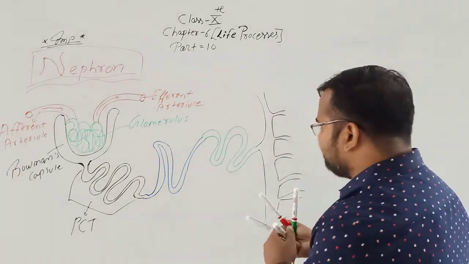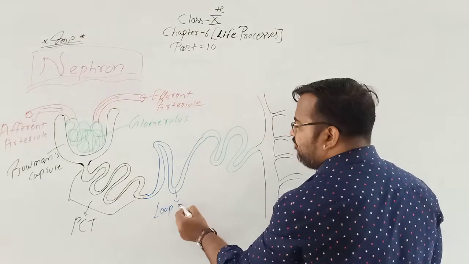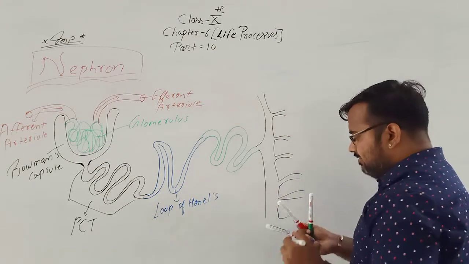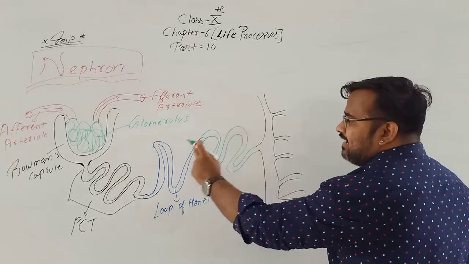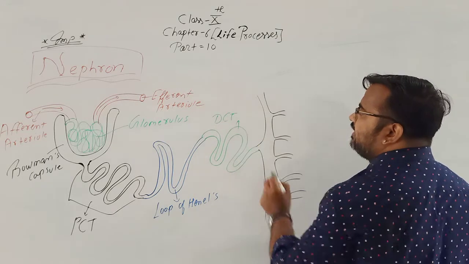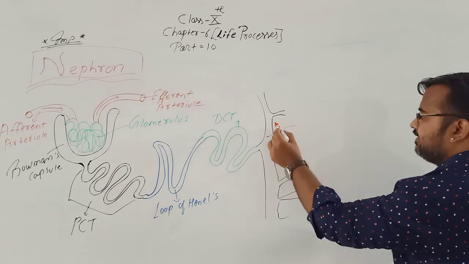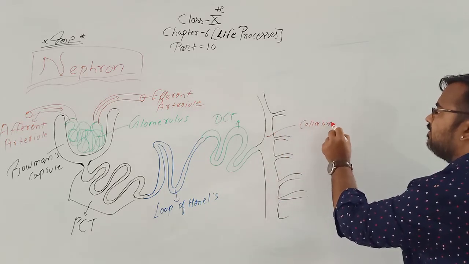This U-shaped structure is known as the loop of Henle. This less coiled structure, as compared to the PCT, is known as the DCT, distal convoluted tubule, and the final tube is known as the collecting duct.